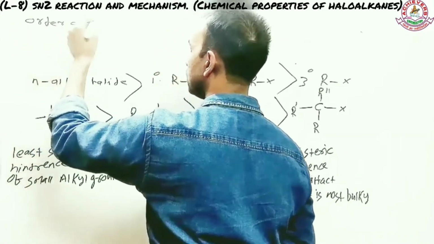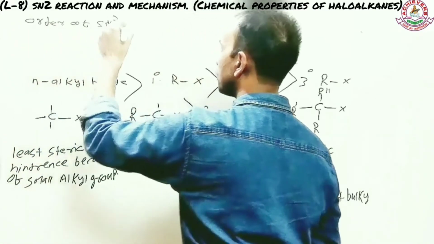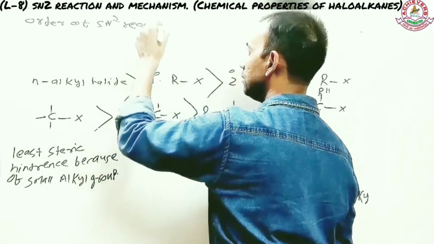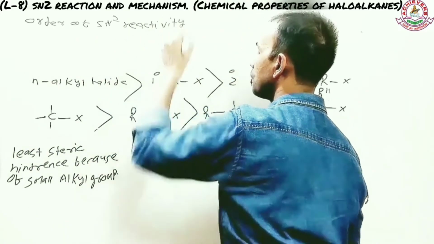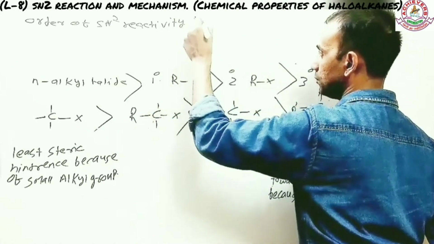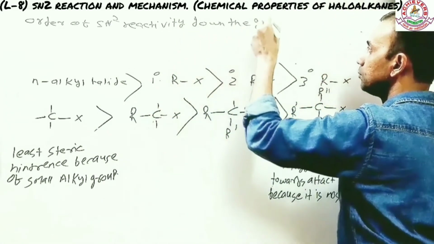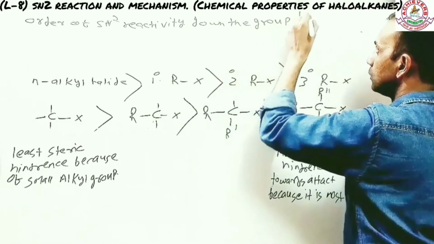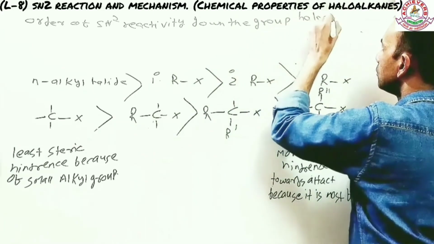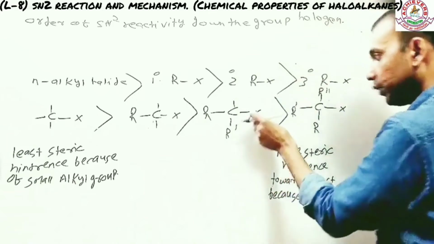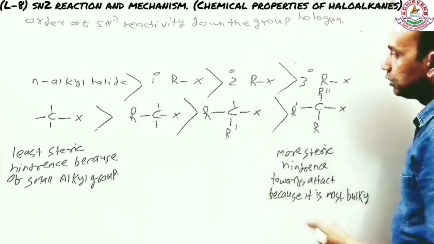Order of SN2 reactivity down the group halogen. What does that mean? Which X is most reactive and which one is the least?